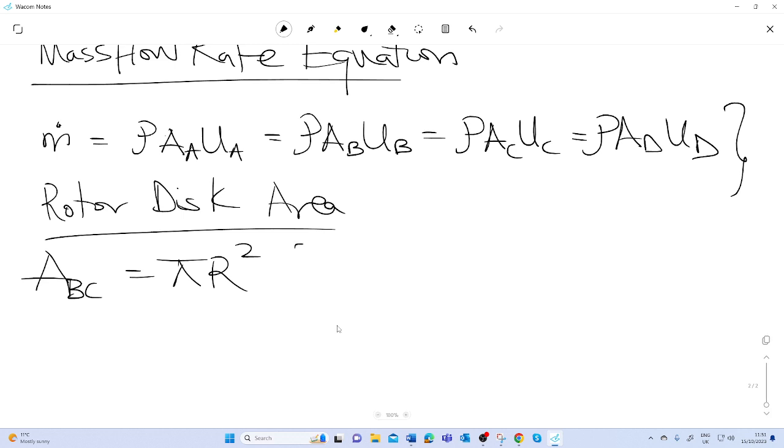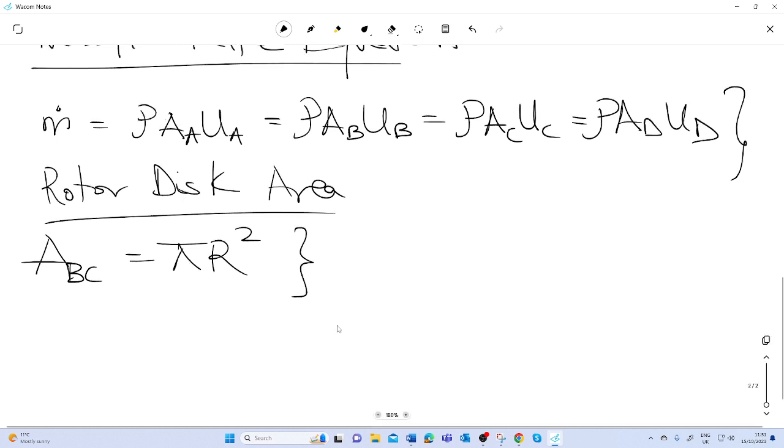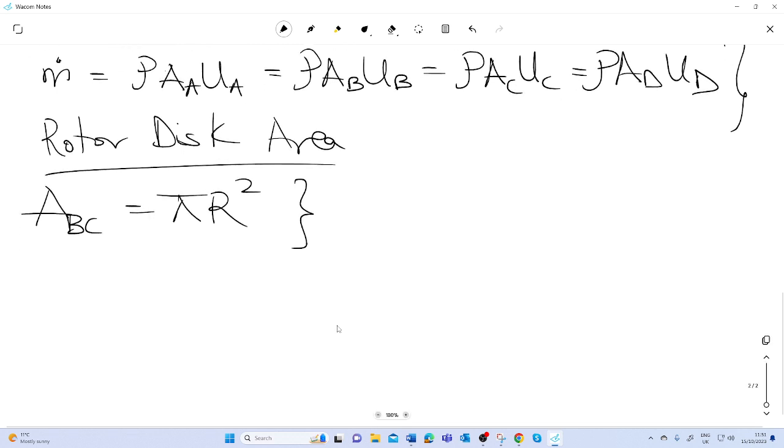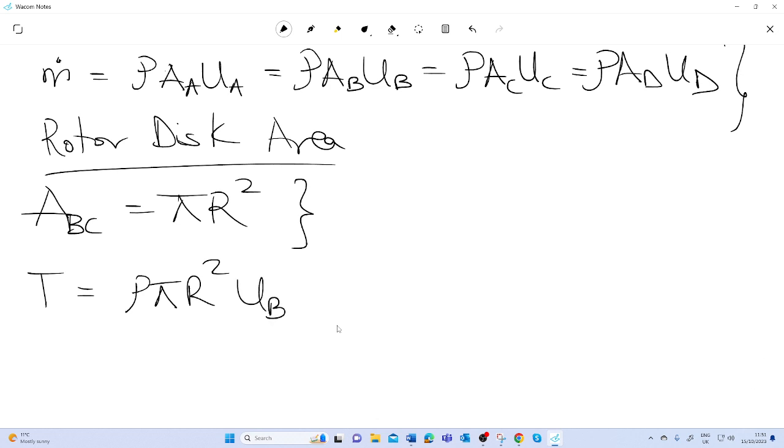Now that we have all these equations, we can single out the equation for thrust once again, which is rho pi r squared for the section UB, that is for the rotor, UB (UD minus UA).